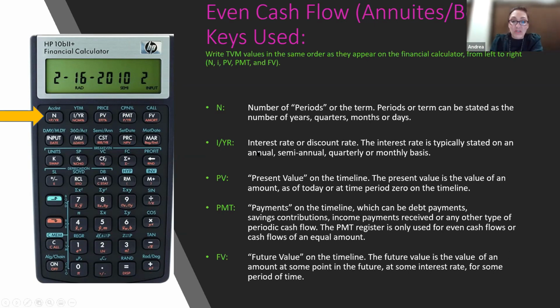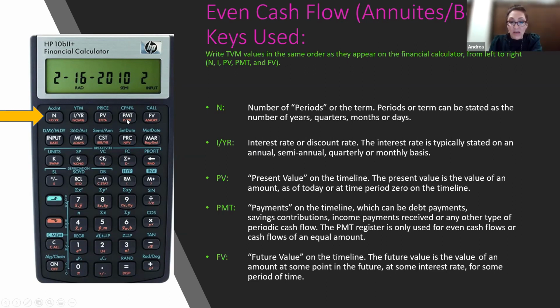All right. So we talked about the interest rate. The present value on a timeline: there are going to be timelines shown in your book, also in this calculator book, but it is the value of an amount as of today, or at time period 0 on a timeline.